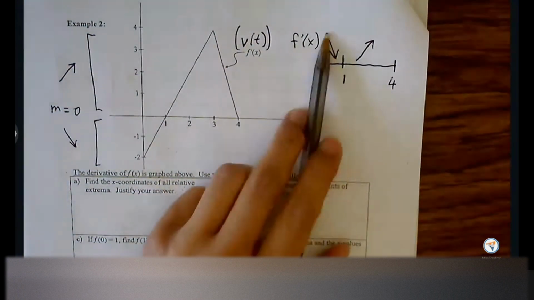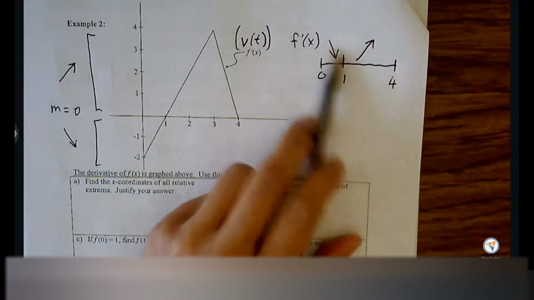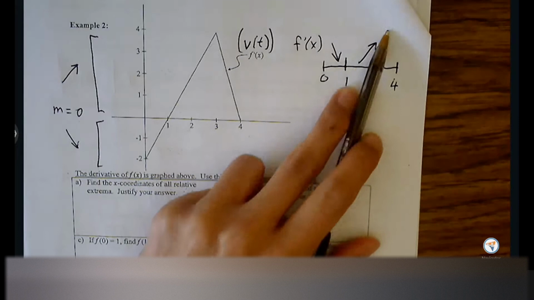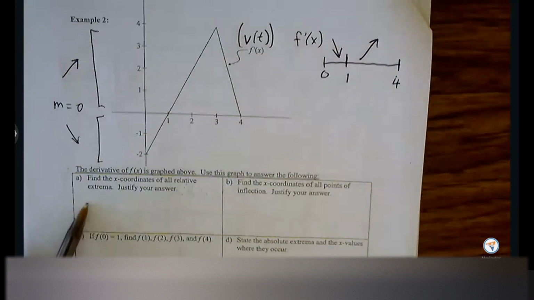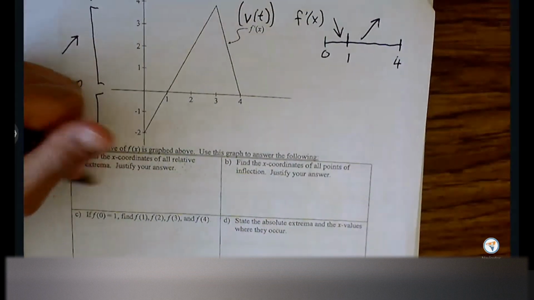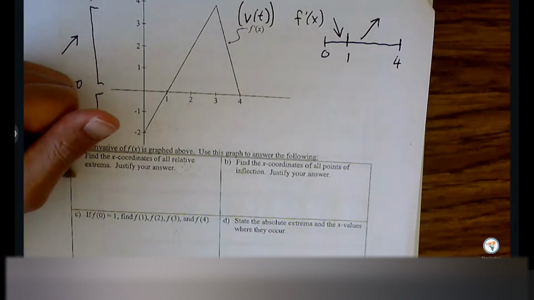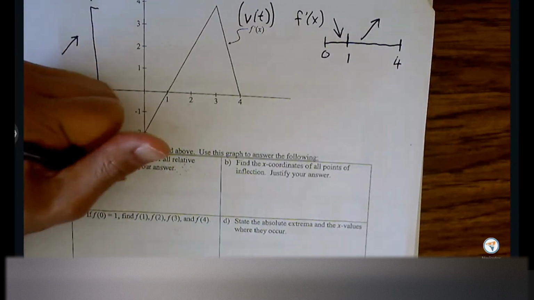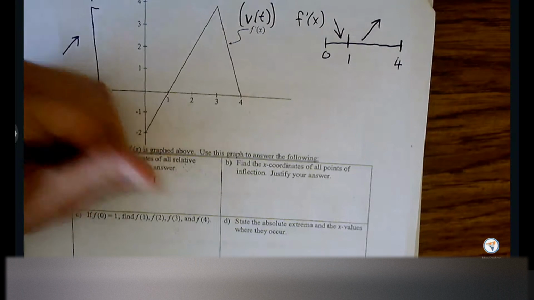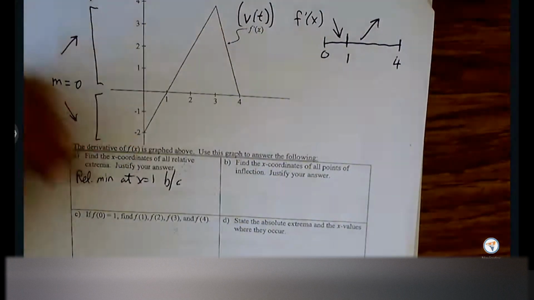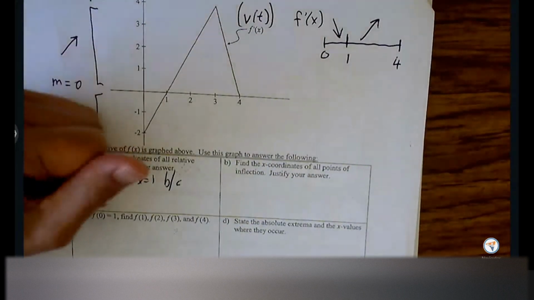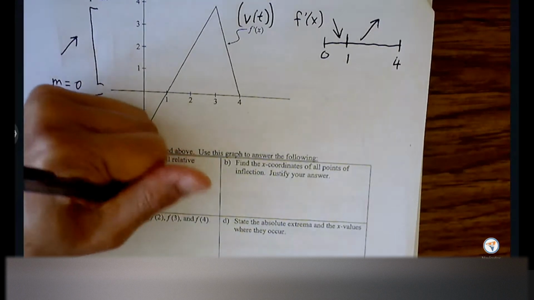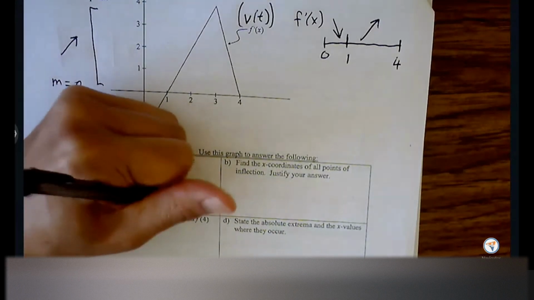So looking at these arrows here, we can visualize how the slope is moving, right? The graph is going to be falling, relative min, rise again. So we know for part A, relative extrema, relative min at x equals 1, because f prime changes from negative to positive.